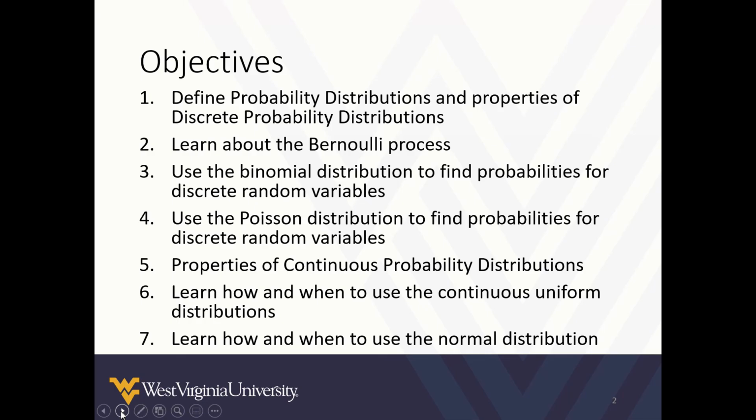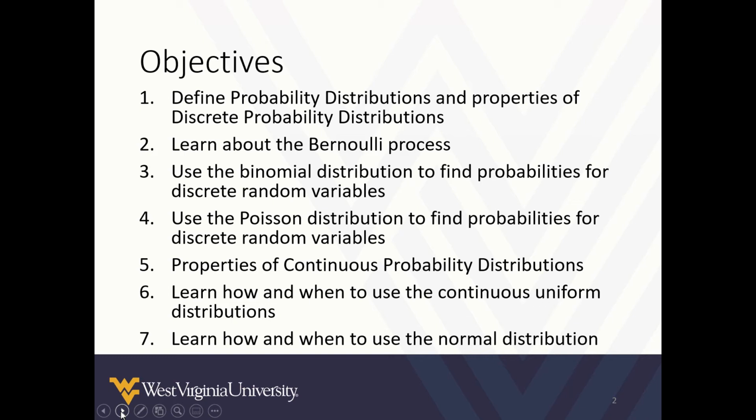In this video, we're going to focus on 7 objectives. To begin, we are going to define what is a probability distribution and then start examining the properties of discrete probability distributions. Our next 3 objectives focus on specific types of discrete probability distributions, such as the Bernoulli process, the binomial distribution, and the Poisson distribution.